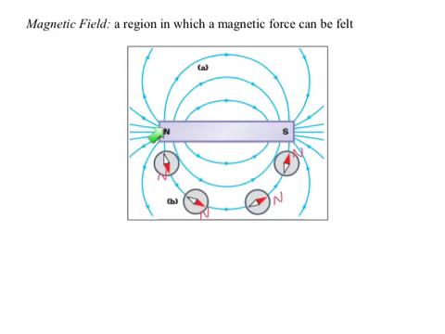So this North Pole here is going to feel the south part of the magnet pulling it toward it. Whereas here, the south part of the magnet pulls the North Pole of the compass toward it. At any point along the way, we'll see that the North Pole points in the direction of the magnetic field.